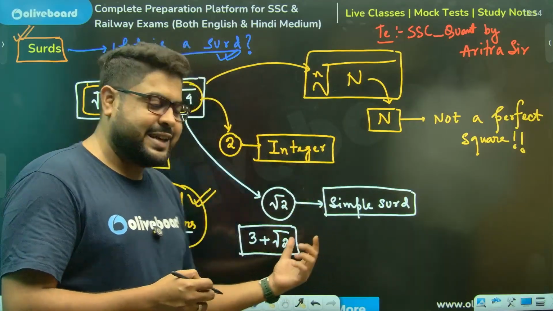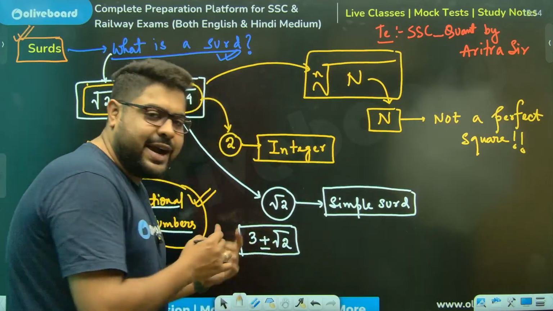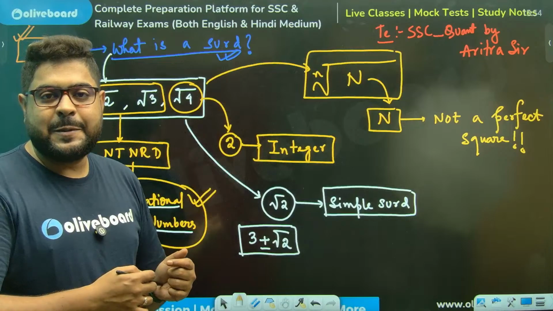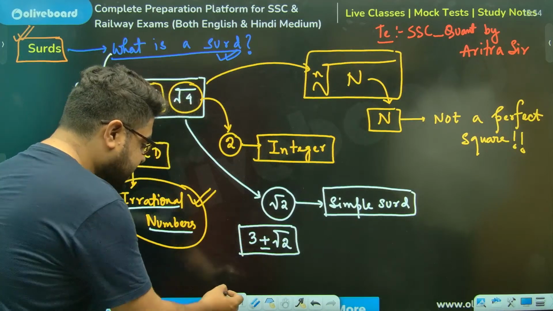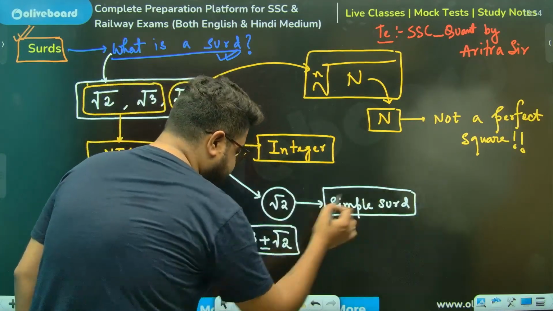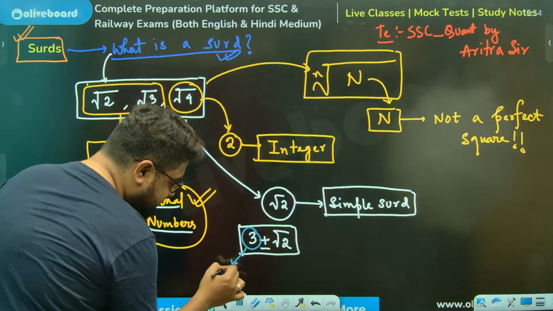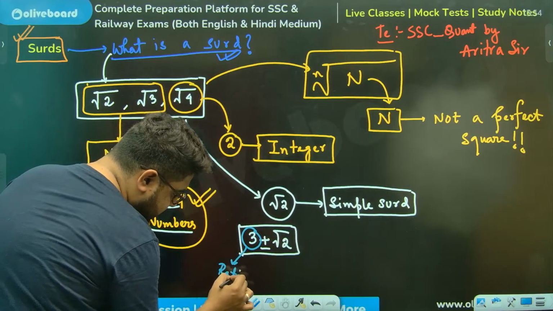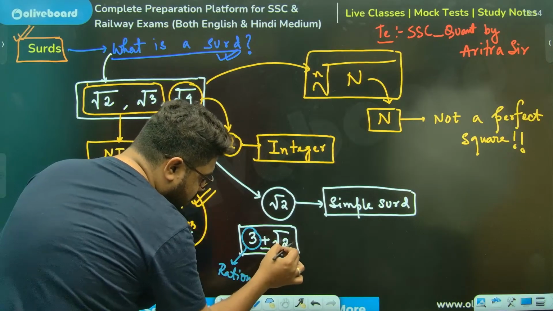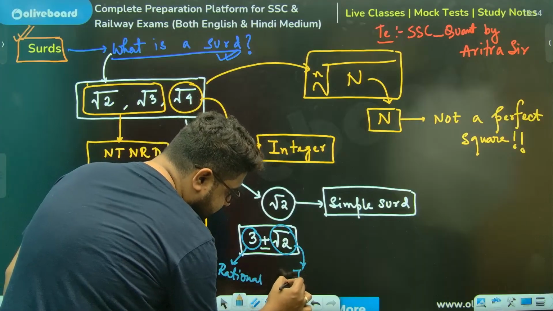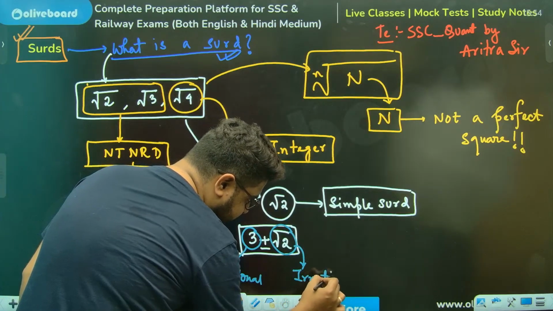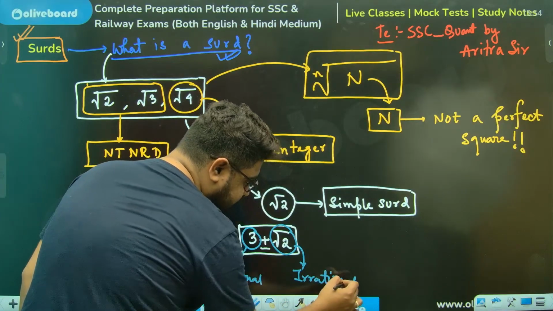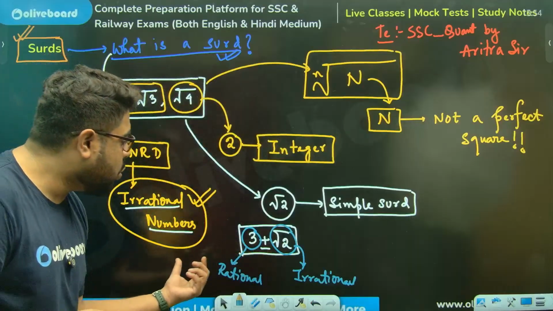Not only addition, if I subtract, that will also be an irrational number. This 3 is a rational number. But root 2 is irrational, or you can say a surd. So that makes this whole thing a surd.